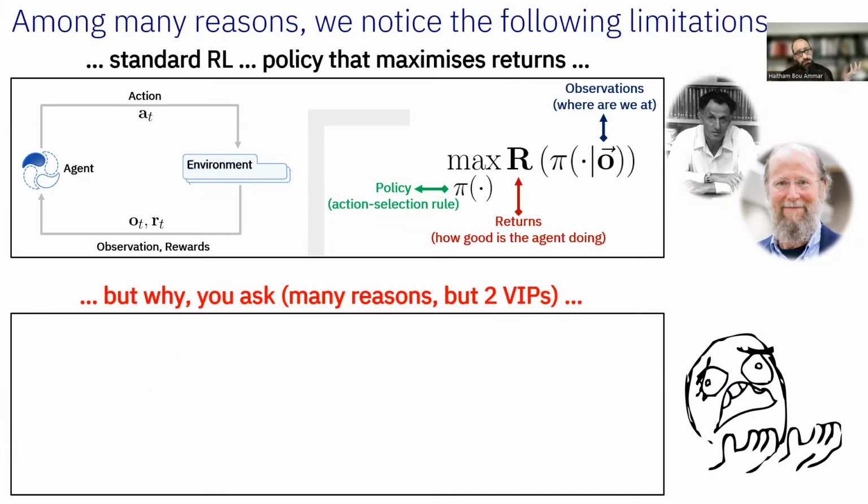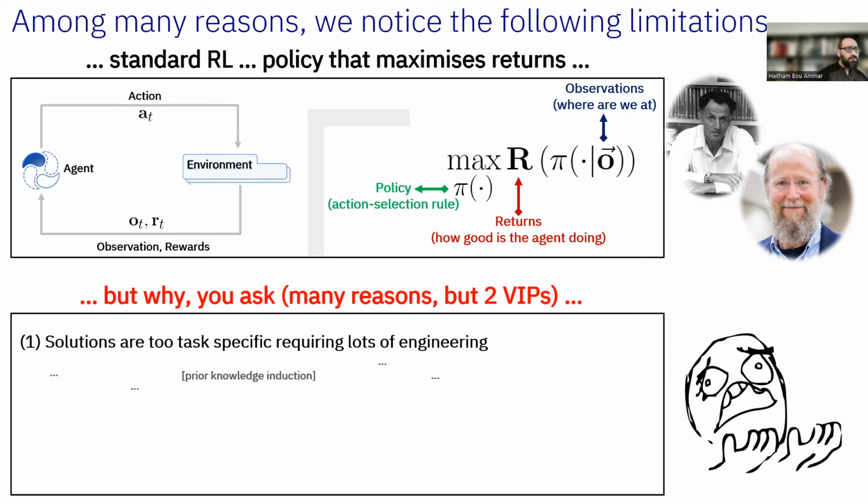There are many reasons why RL has not yet generated generalist AI agents, but I'm going to focus on two, which we attempted to resolve in this Pangu Agent paper. The first one is that the solutions are too task specific and require lots of engineering.